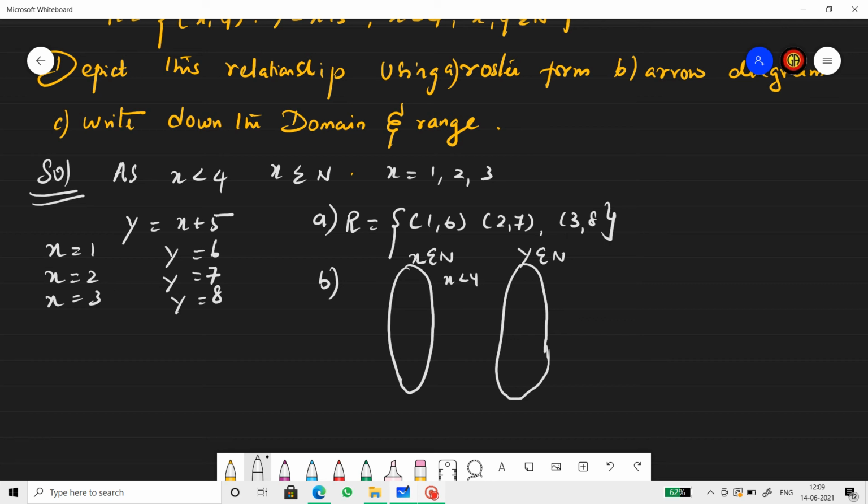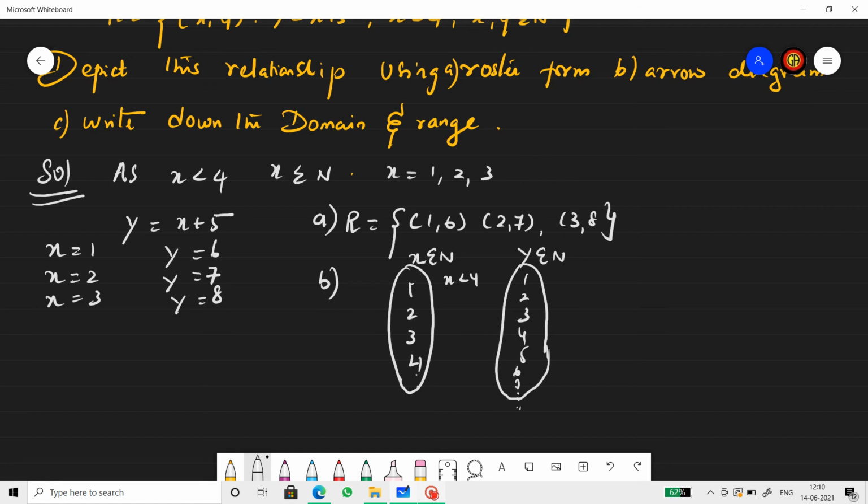So that means in the x oval, I can take numbers 1, 2, 3 and so on, x is less than 4. Now, y: 1, 2, 3, 4, 5, 6, and so on.